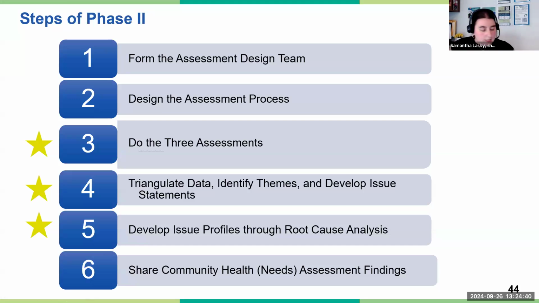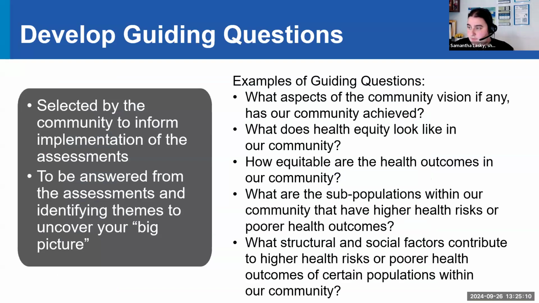Next will be designing the assessment process, followed by doing the three assessments: the community partner assessment, the community status assessment, and the community context assessment, where you'll gather all your data. Step 4 is to triangulate data, identify themes, and develop issue statements. Step 5 is to develop issue profiles through root cause analysis. And step 6 is to share community health needs or community health assessment findings.